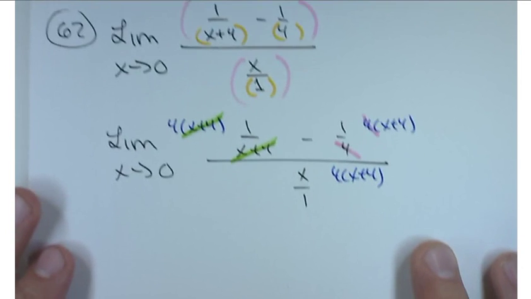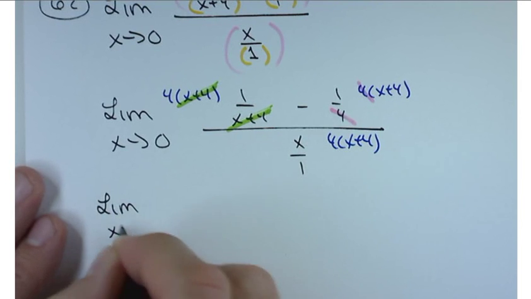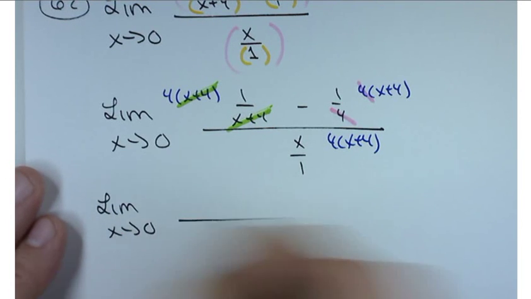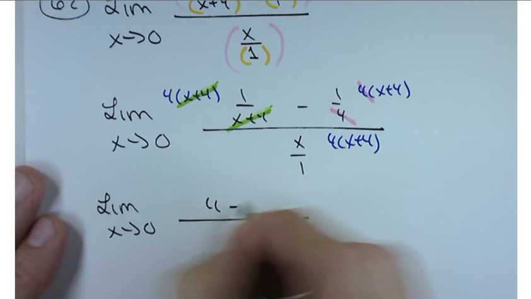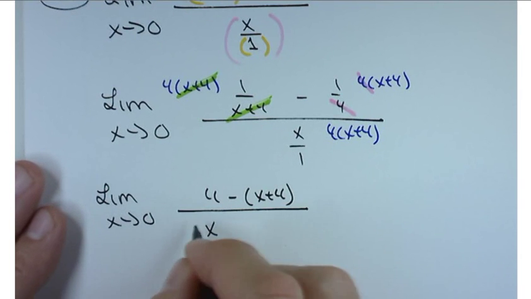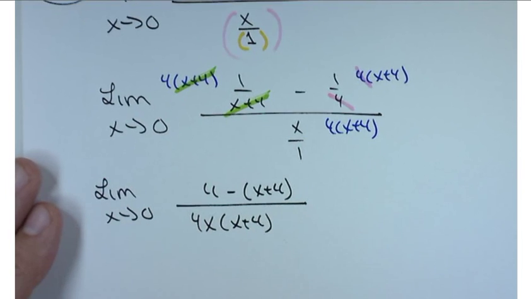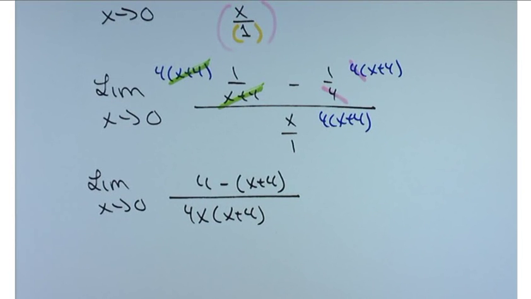No. So, limit as x approaches 0 of 4 minus x plus 4 over x times 4, I'll put the 4 out in front, times x plus 4. The nice thing is we got rid of the complex part of this. There's no fractions within fractions anymore.